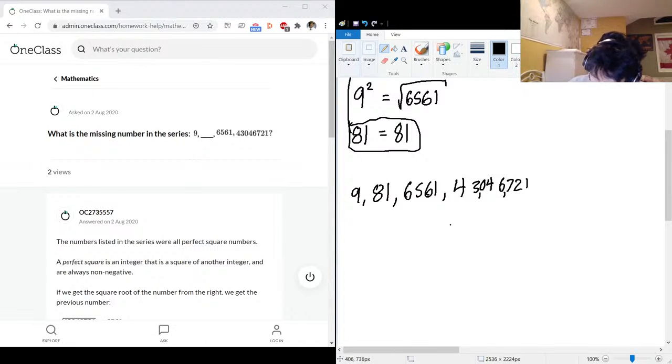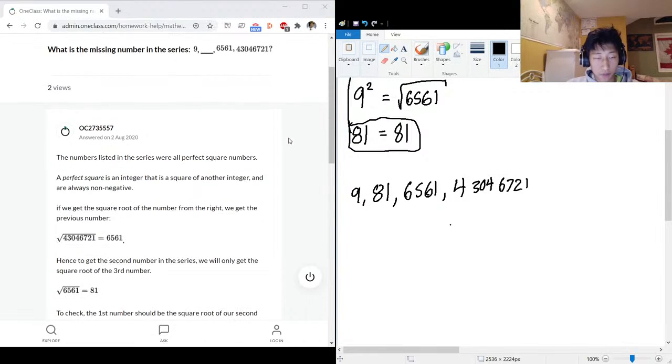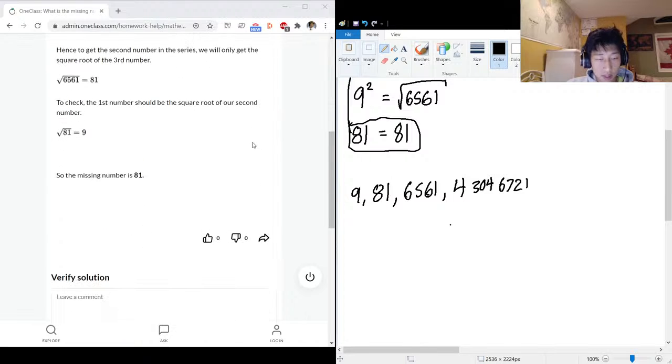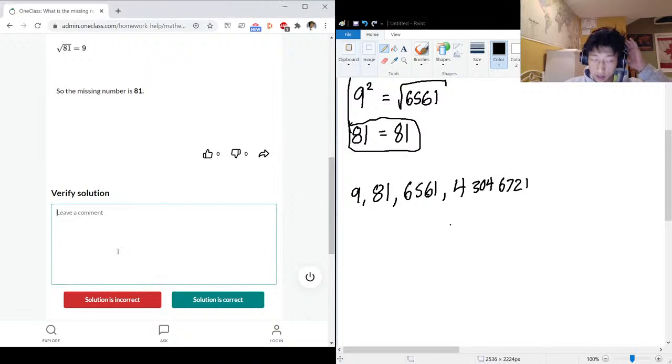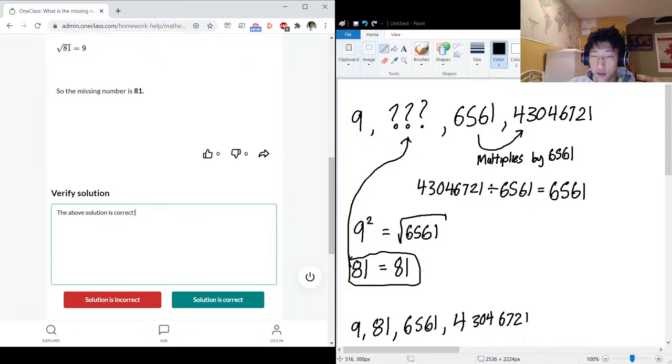Maybe I shouldn't draw those commas because they can be confused with the commas used to separate our terms, but that would be our final answer for the sequence once we find the missing number in the series. Super cool. And it would seem that the solution we're given agrees with us. So I got to verify that solution by saying the above solution is correct. Nice. So that allows us to move on to our next question.